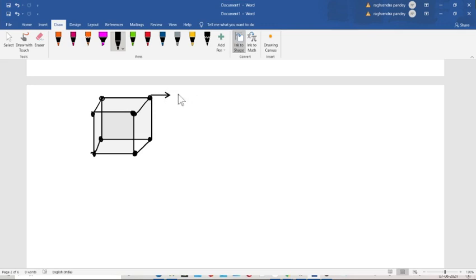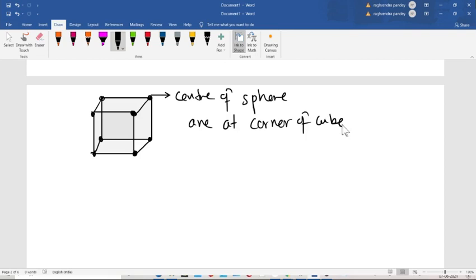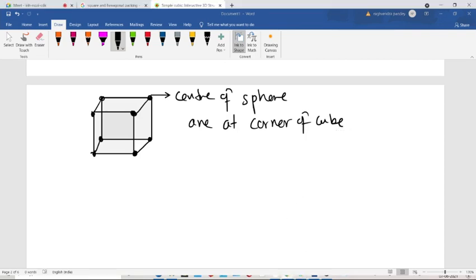The center of the sphere is at the corner of the cube. Here you can see that this center of this sphere is also coinciding with the corner.